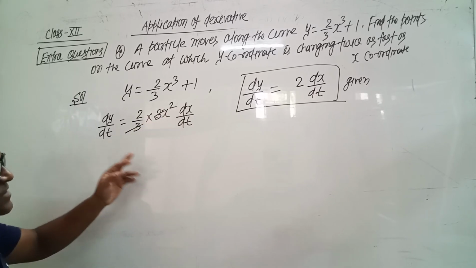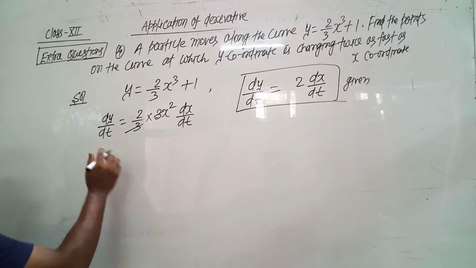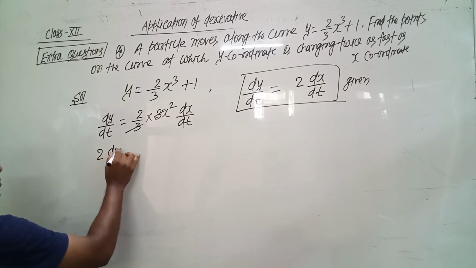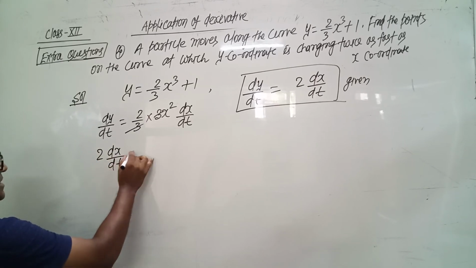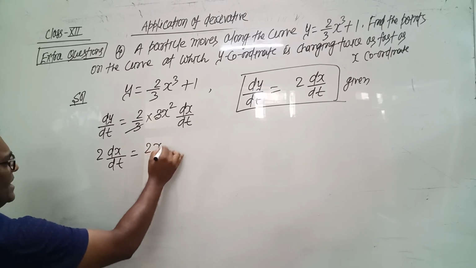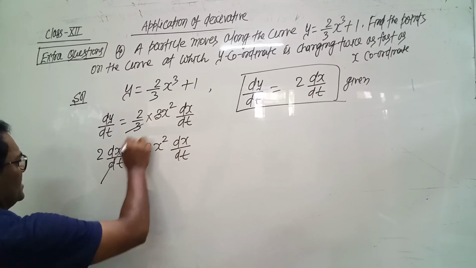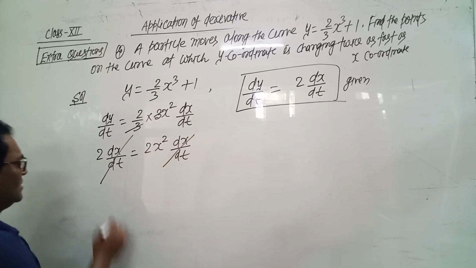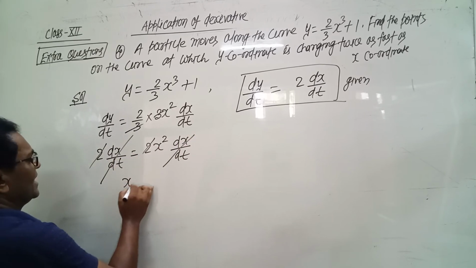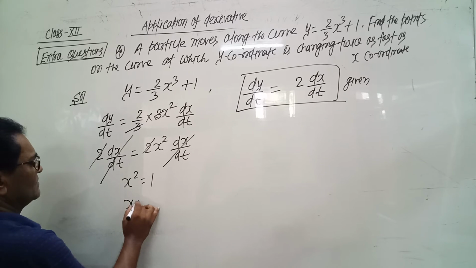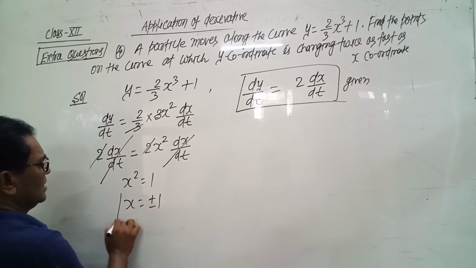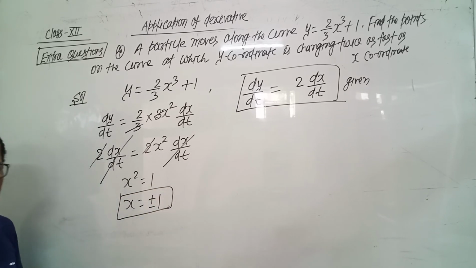Put the value of dy by dt. So dy by dt equals 2 times dx by dt equals 2x square dx by dt. So dx by dt gets cancelled. 2 and 2 cancelled. X square equals 1, and the value of x comes to be plus minus 1.